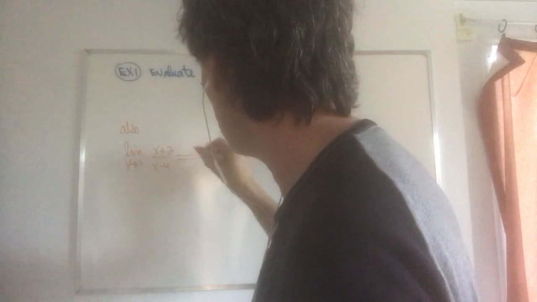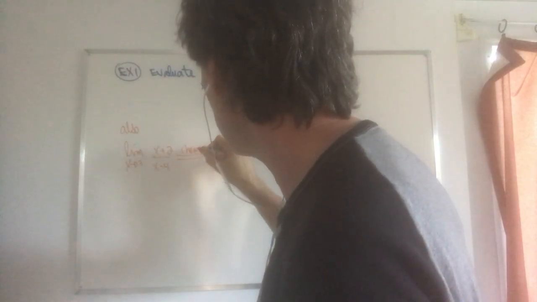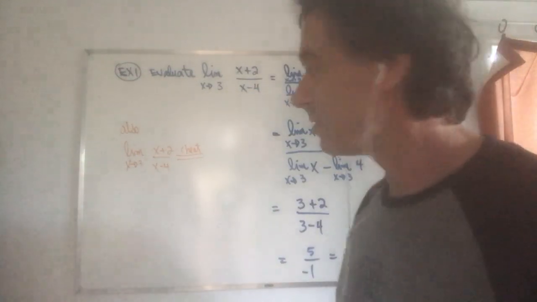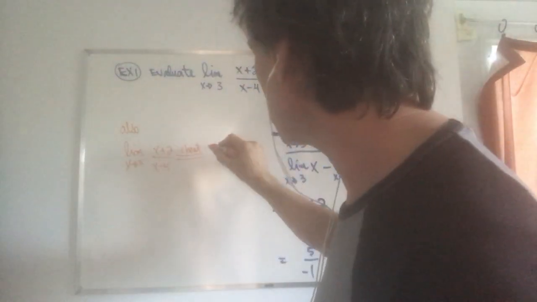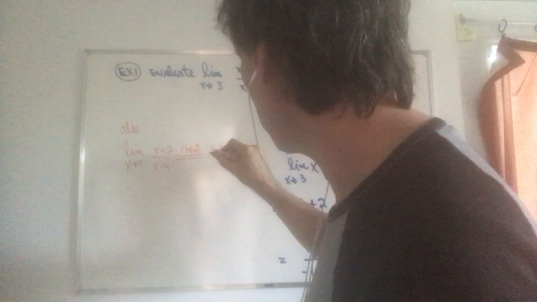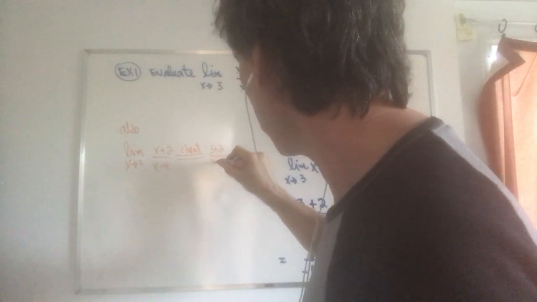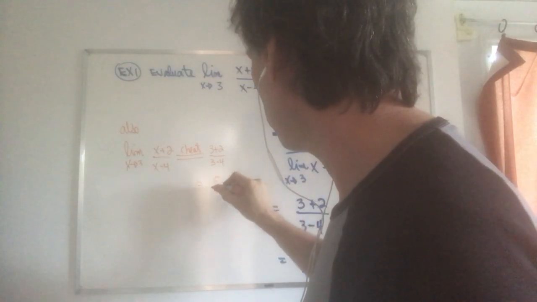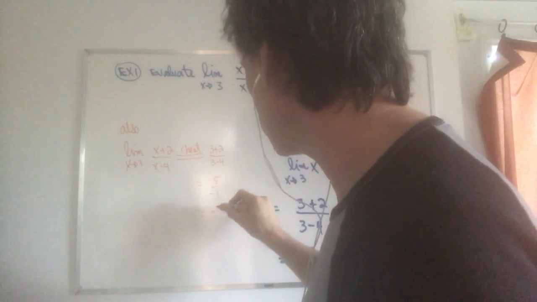And we can do what we have been calling since pretty much the beginning of this section a cheat, which is basically to replace x by 3 wherever x is. And of course, this is 5 over minus 1, and it's equal to minus 5.